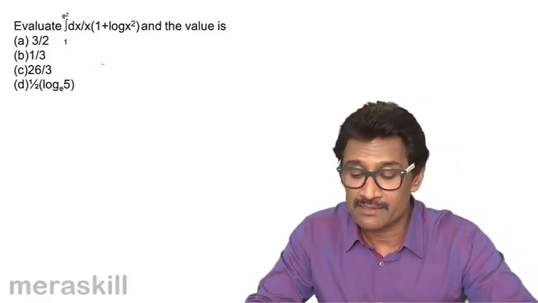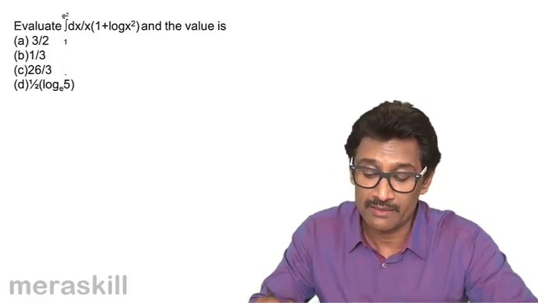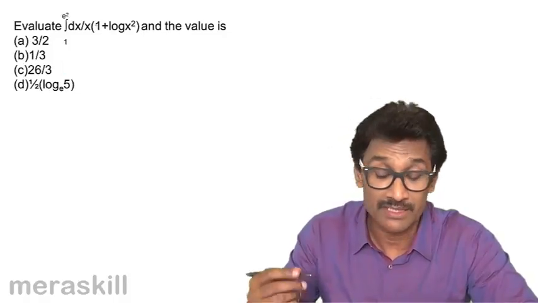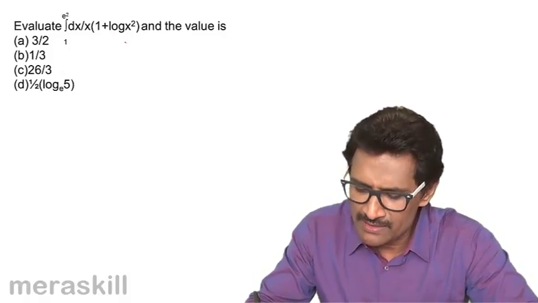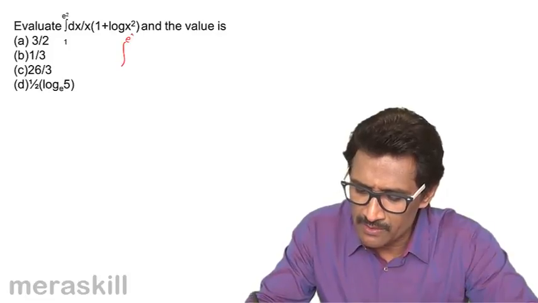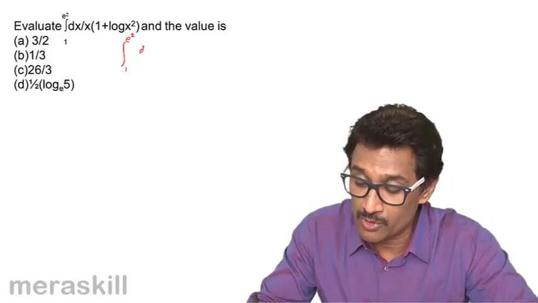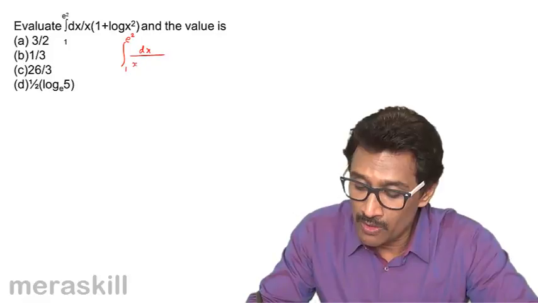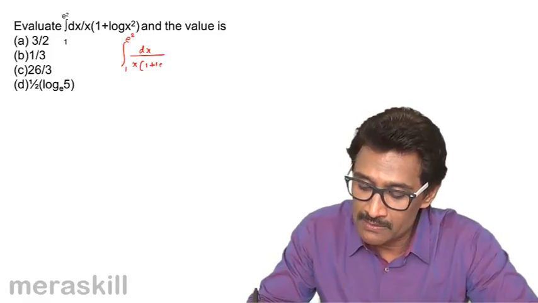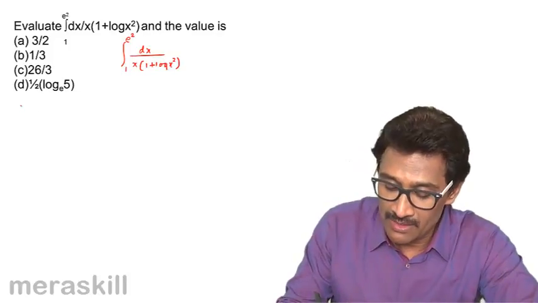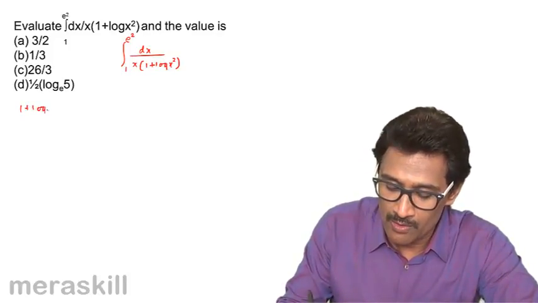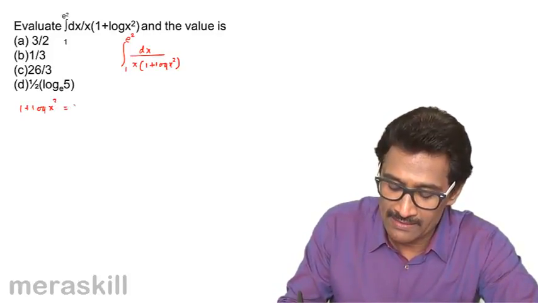dx upon x into (1 plus log x) square, in the domain e square to 1, integral of that. So let's write it in a better way: dx upon x into (1 plus log x) square. We can take 1 plus log x as t.